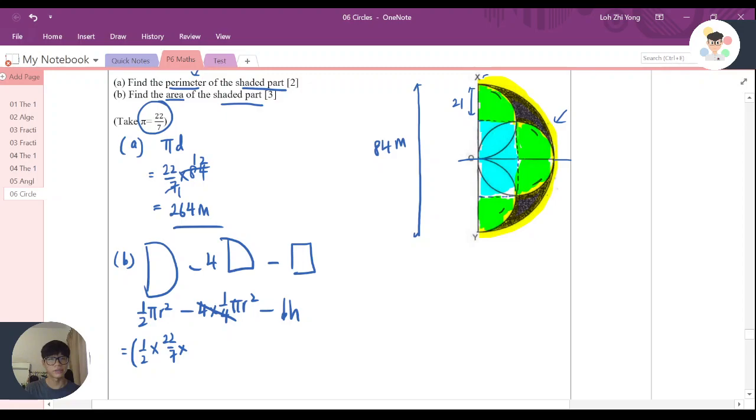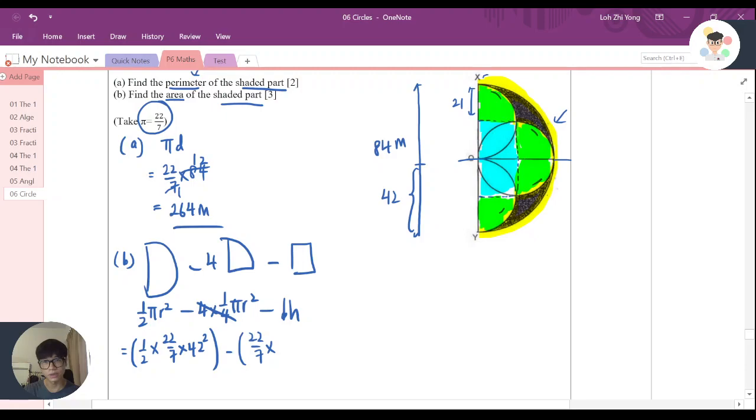So what is our radius for the big semicircle? Again, I know the big diameter is 84, so the radius is of course half of it, 42 meters. So 42 squared. Again, minus what we left is pi r squared, so it's pi times r. What is the radius now? Again, I'm looking for this small little quadrant circle.